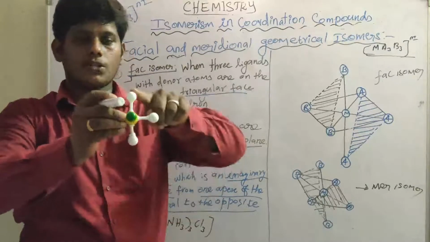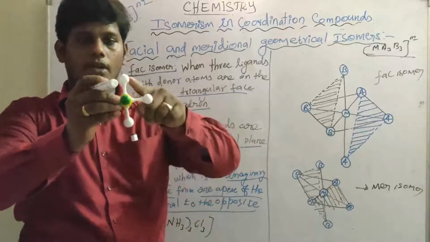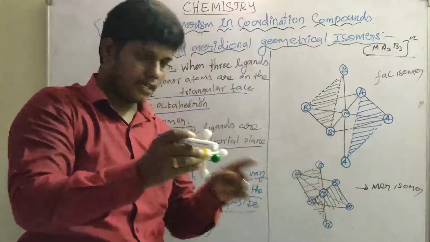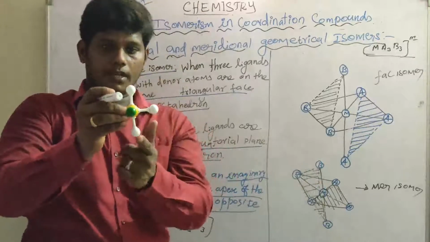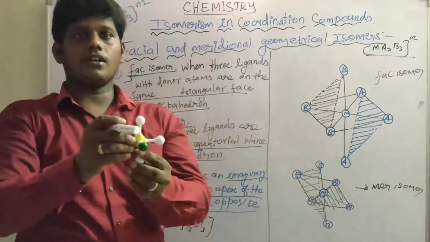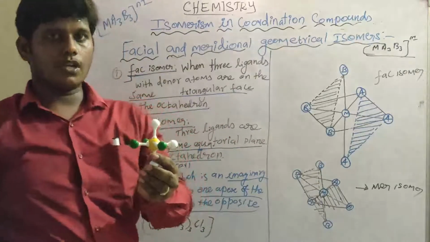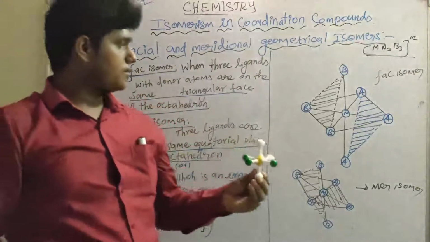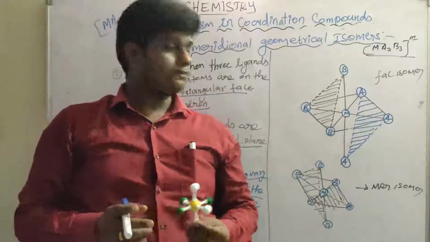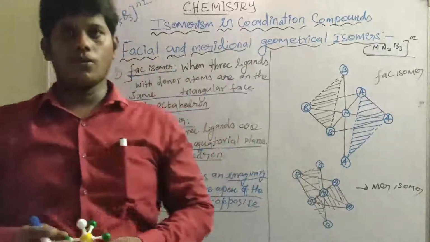Here is one triangular plane, and this is another triangular plane with the B atoms. It is called a mer isomer. So these are the fac and mer isomers. That's all. Okay, thank you, students.